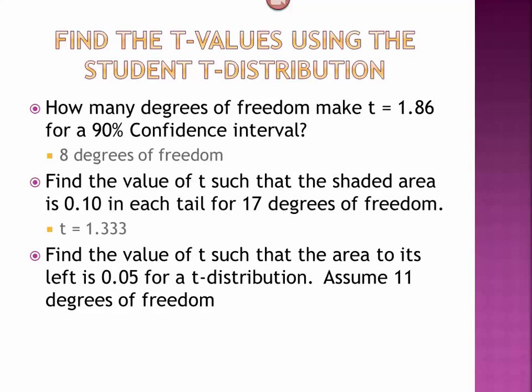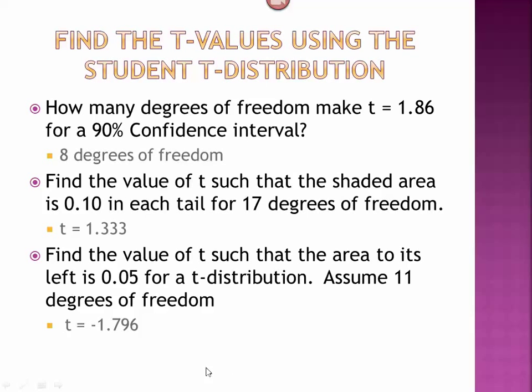You can refer down to the very bottom where it says one-sided p, go over to 0.05, and you're going to see that you're in the 90% confidence level column. That's because, again, with 5% in one tail, that means 10% total in the tails, which would be a 90% confidence interval. And for 11 degrees of freedom, you should see a t-value of 1.796.